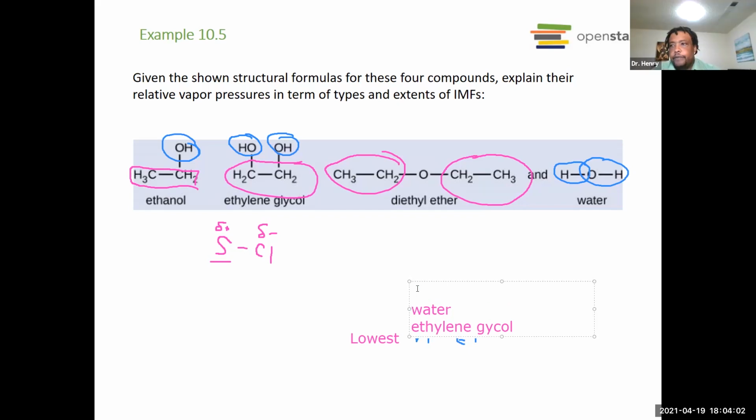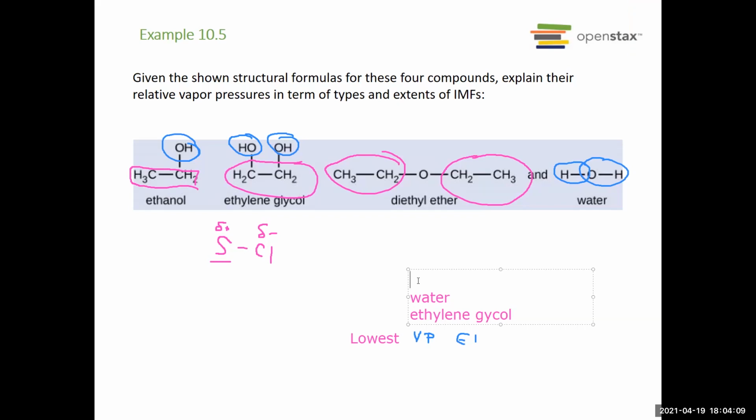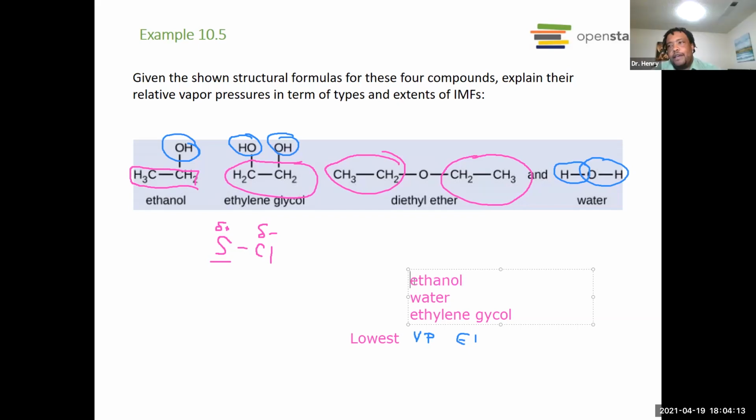Okay, who's going to be above water? Ethanol. That's right. And then at the highest vapor pressure is going to be diethyl ether. Are you guys with me?